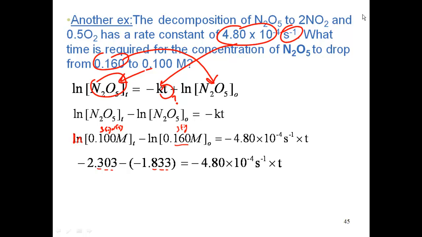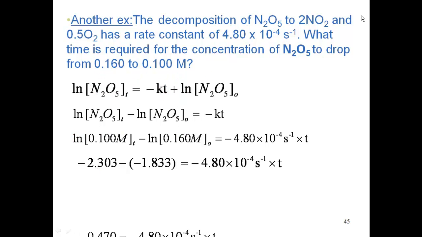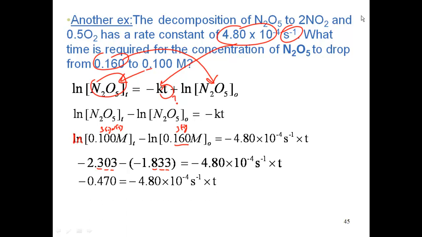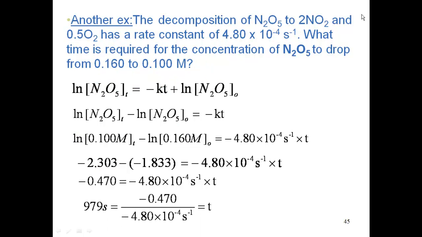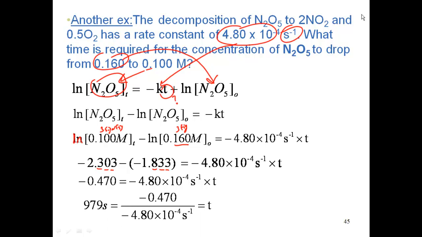Continuing on with my math, I get a negative 0.470 equal to a negative 4.80 times 10 to the negative 4th per second times t. Divide through still. I get a negative 0.470 divided by a negative 4.80 times 10 to the negative 4th per second.